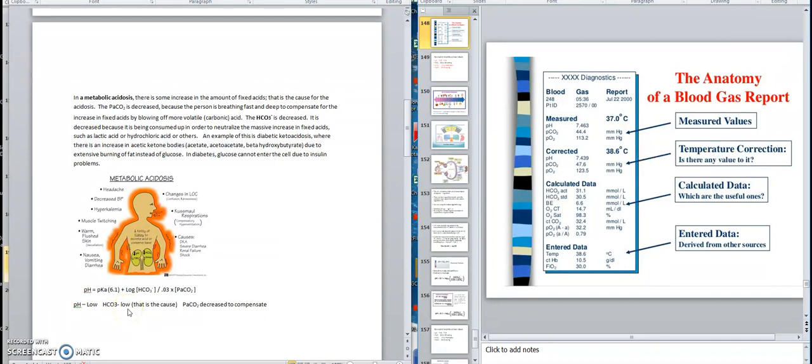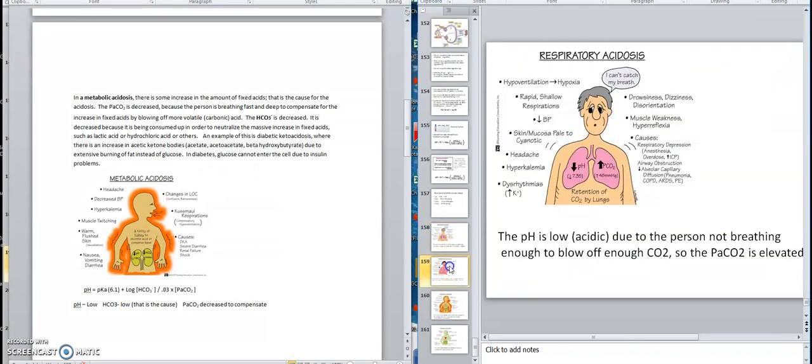The bicarb is low. But it's low because it's trying to neutralize what? Fixed acids. And the PaCO2 is low because you're breathing hard and heavy to reduce volatile acid to compensate for that increase in the fixed acid. Okay? So when you look at that metabolic acidosis, see what we got?